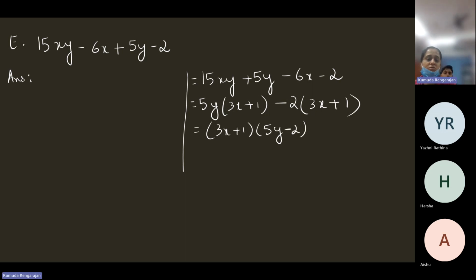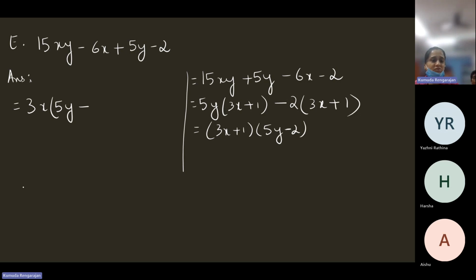You can do it as it is also, no? What's common as it is? 3 is common, so 3x is common. 3 5s are 15, y, minus 3.